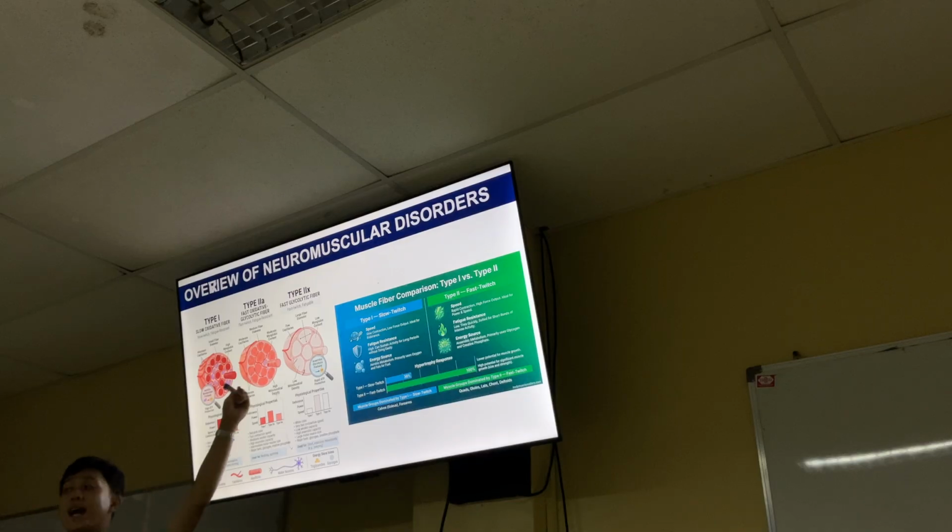This is under your anaerobic mechanism. If this one is aerobic, this is for endurance. It allows you to use your muscle for too long. This one, it's not. It will only use the muscle if it requires a forceful muscle contraction. Okay? Any question?